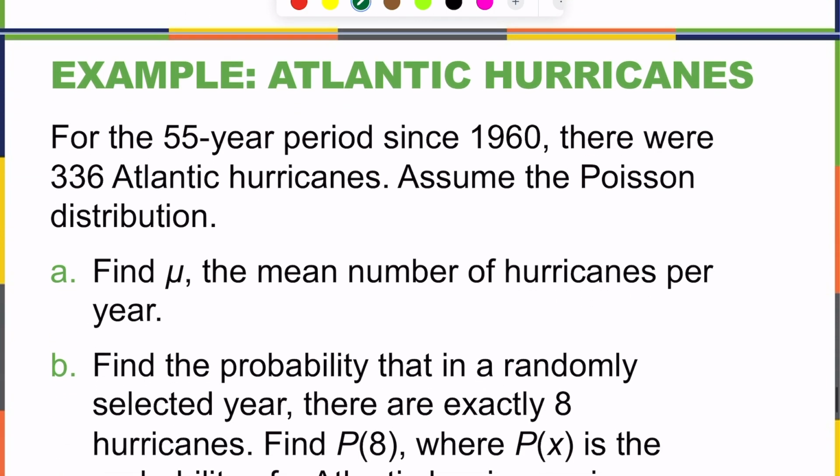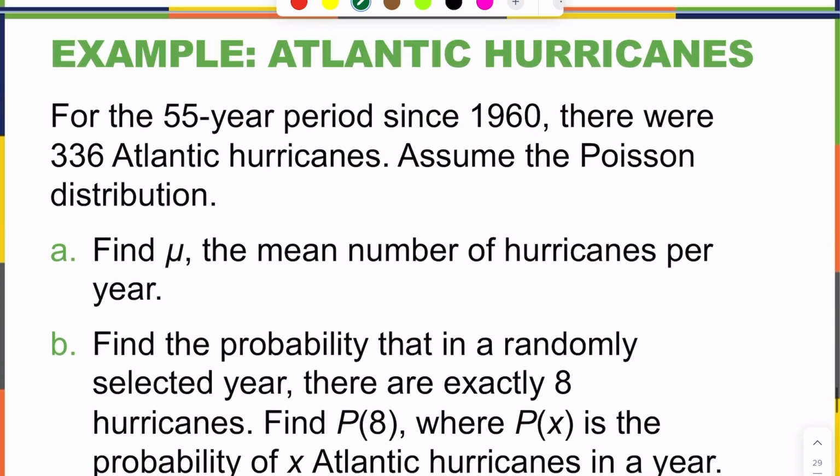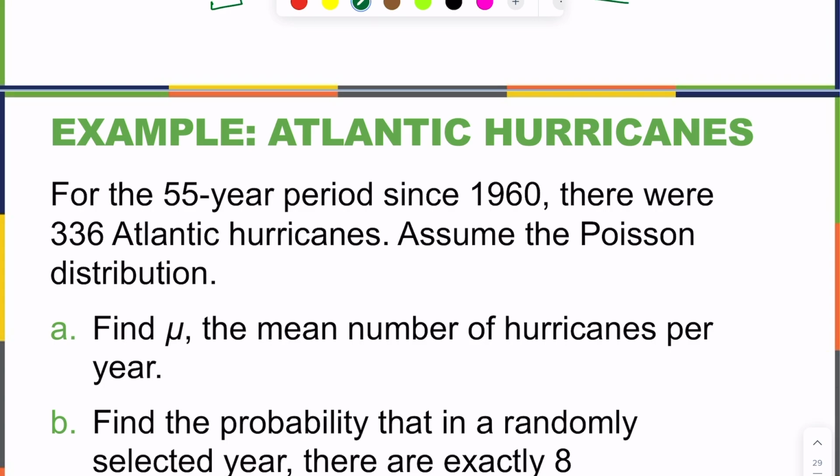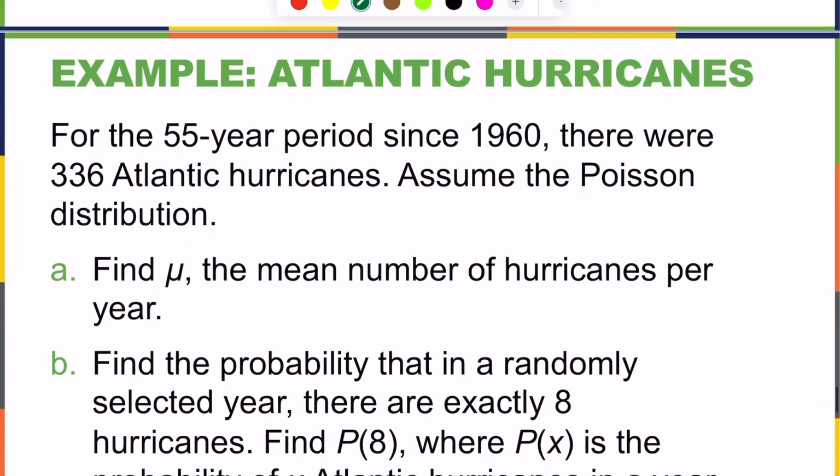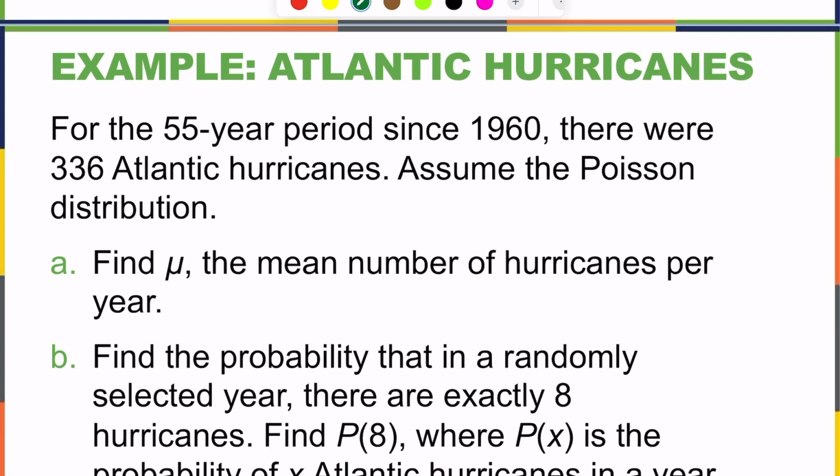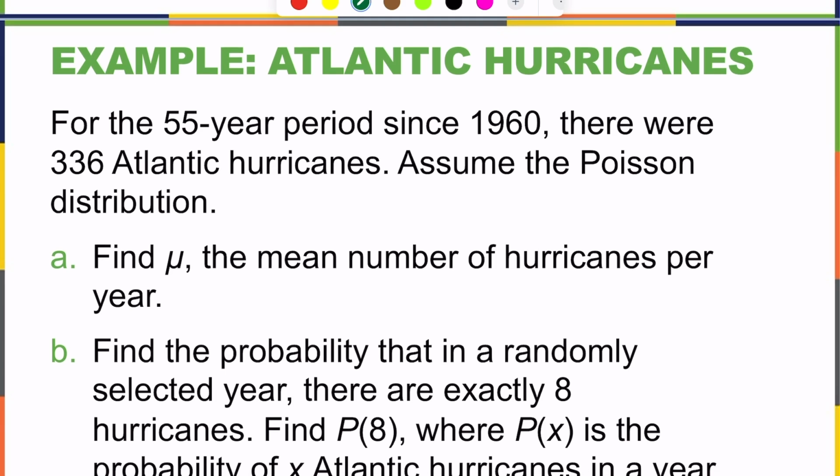Okay, here's an example now, and this is a very important example. This is not a blue example, okay? I want to see us doing this on all these slides. Example, Atlantic hurricanes. For the 55-year period since 1960, there were 336 Atlantic hurricanes. Assume the Poisson distribution.